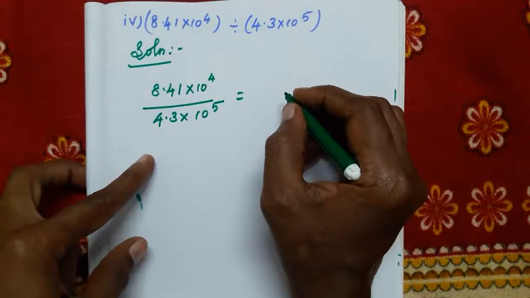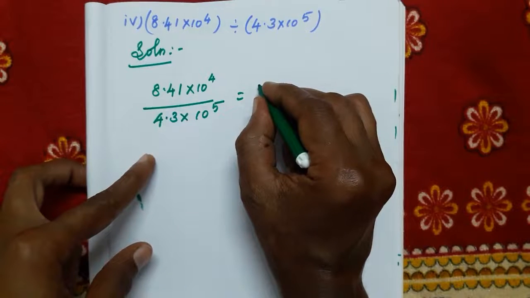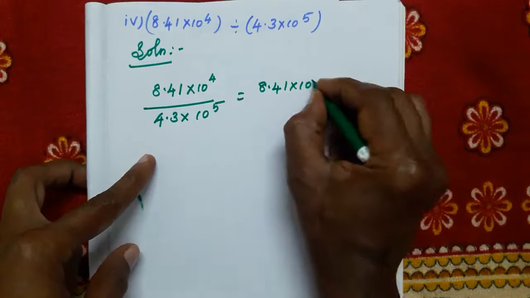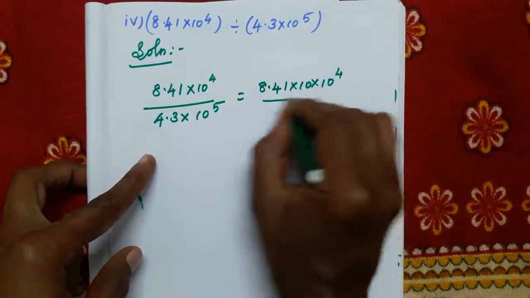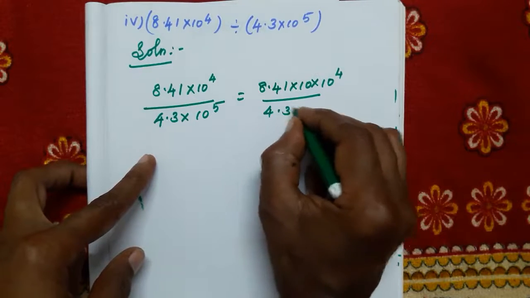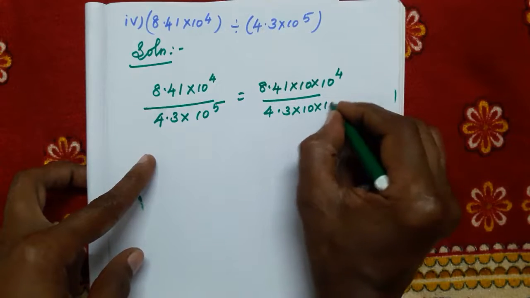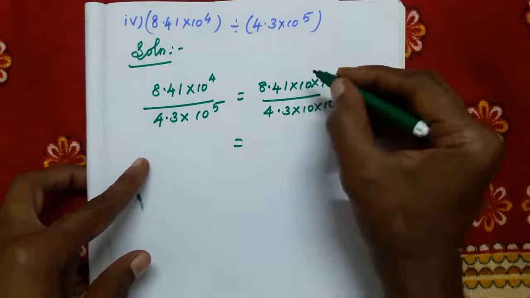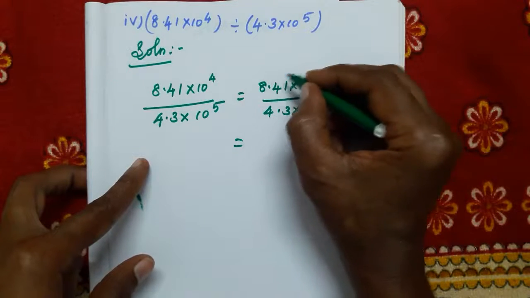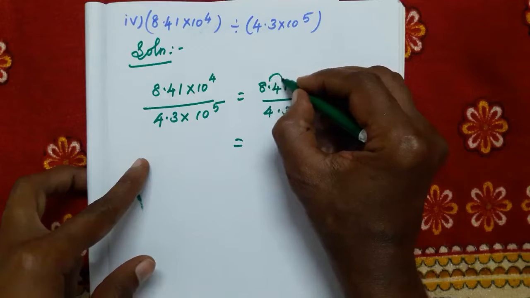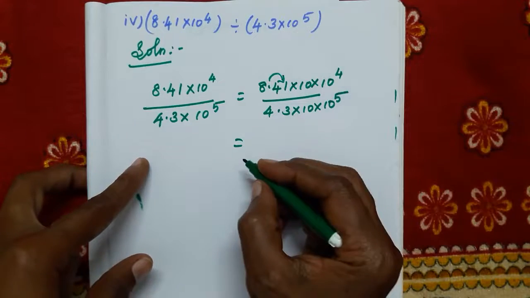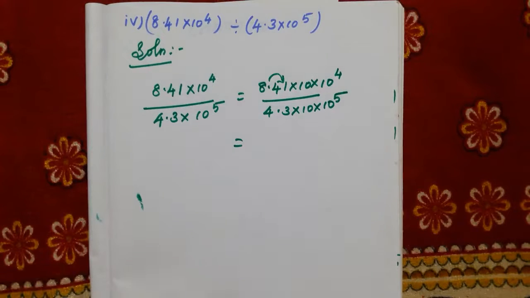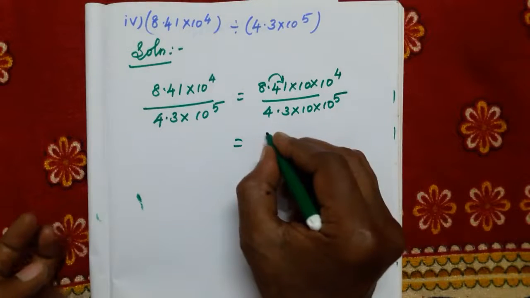When we are multiplying 10 in the numerator and denominator, what are we getting? 8.41 into 10 into 10 power 4 divided by 4.3 into 10 into 10 power 5 is equal to, moving here, multiplying with 10 means we can move the decimal point 1 digit right. Okay.